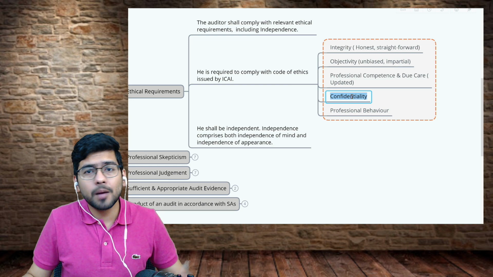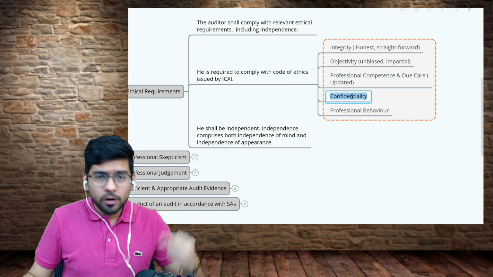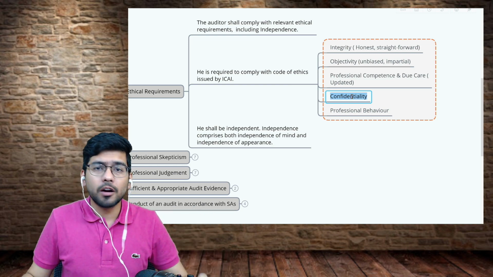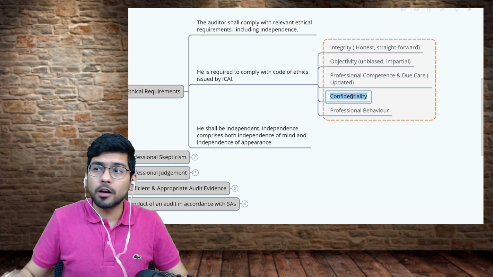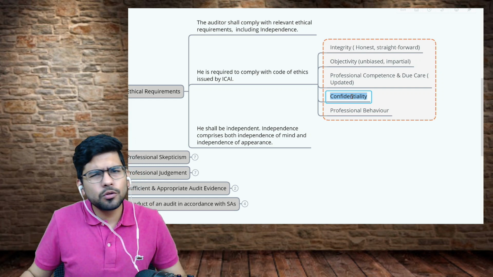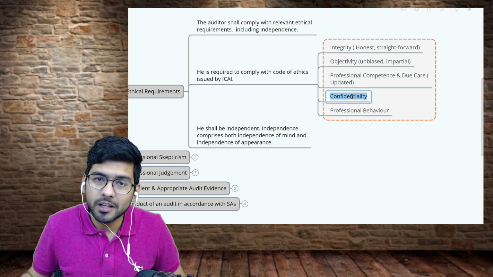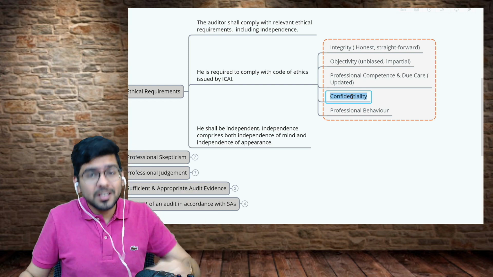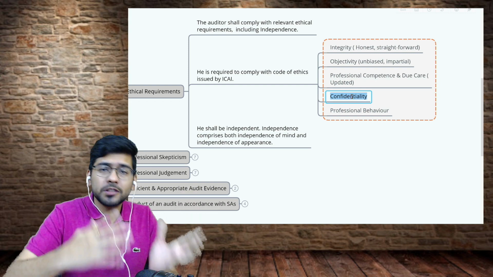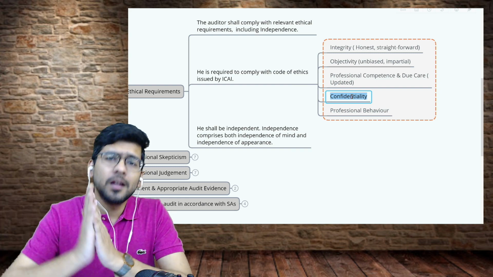So I ask Aparna, do you mind if I share about the system of internal controls in a seminar? Aparna says, no, I don't have any problem, you may just go and share the information. So Aparna has expressly permitted me to use this information, and I can use it in my seminar.